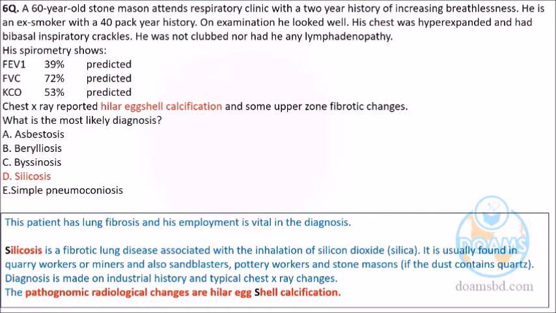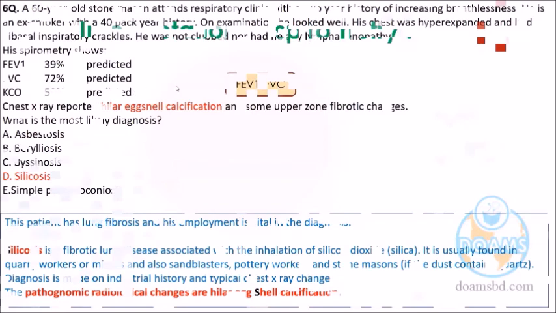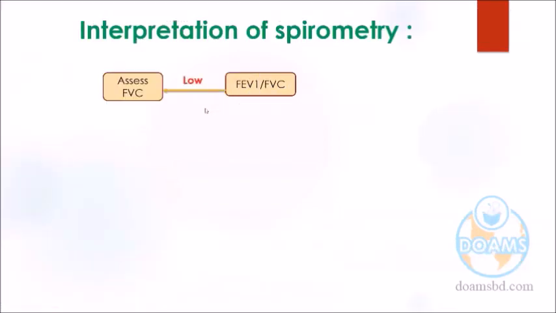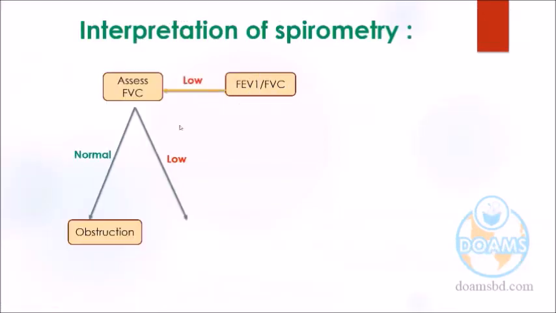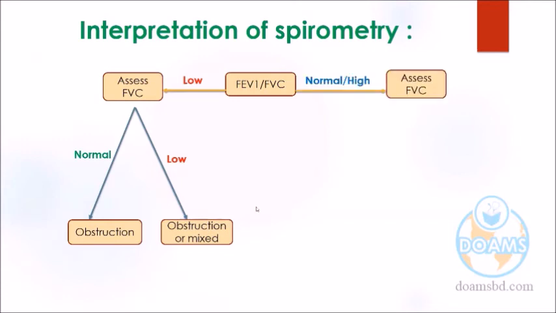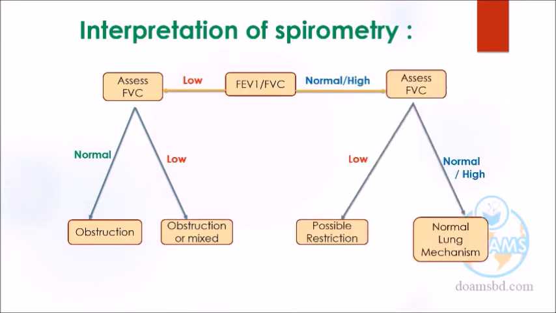Dr. Shahriar, if you look here, is it a mixed picture or purely obstructive? I think it is a mixed picture because forced vital capacity is low. Yes, FVC is low, so it is a mixed picture. Yes, Dr. Atar, for you, it's a very nice algorithm.